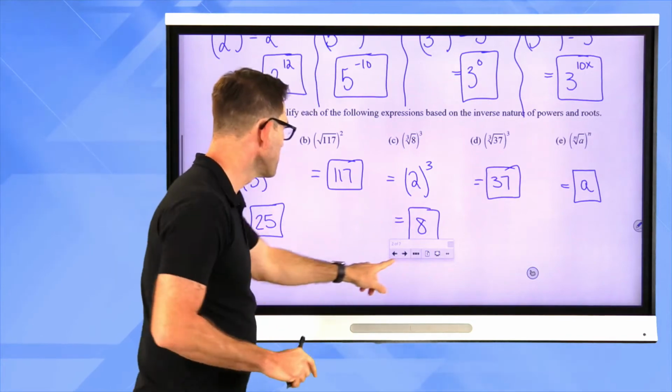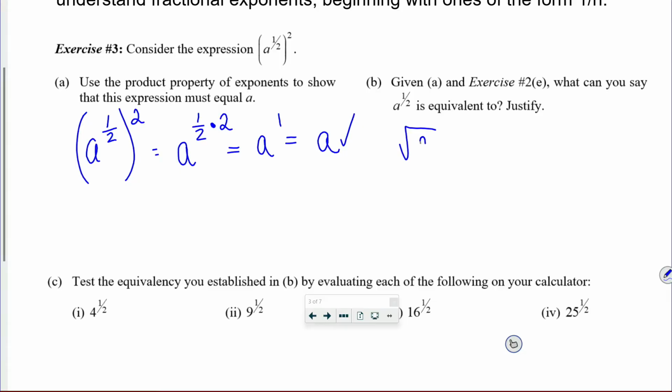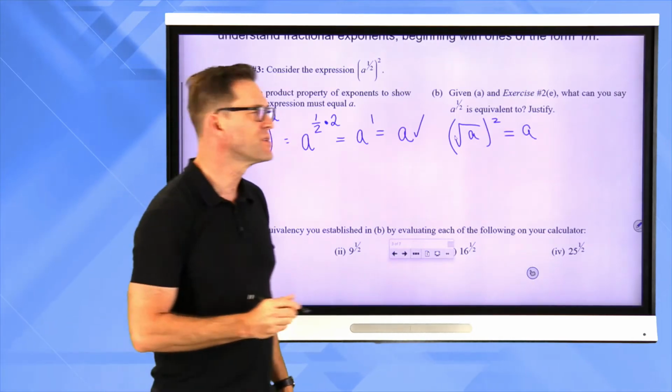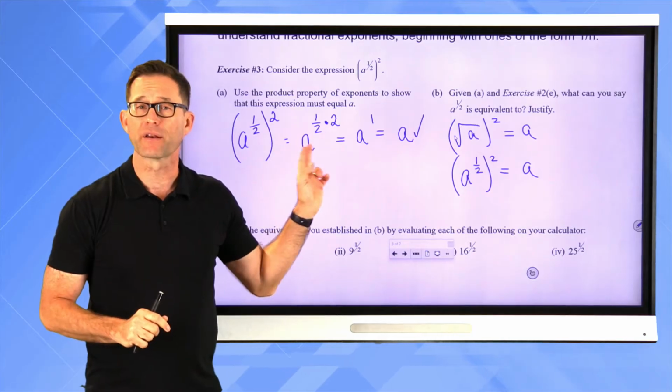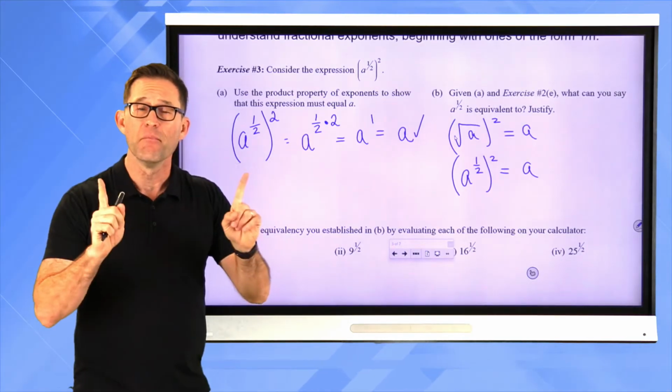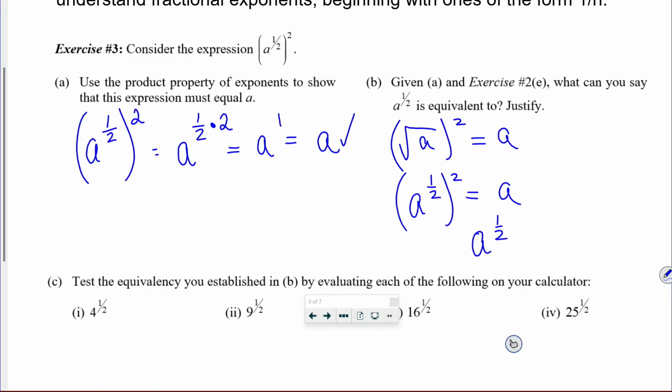Now specifically, that means that if I have the square root of a squared, I have to get a. But I also know that a to the 1/2 squared is equal to a. That's just based on the product property of exponents. But that must mean that a to the 1/2 is the same as the square root of a.